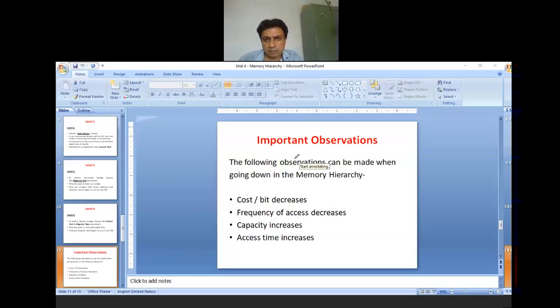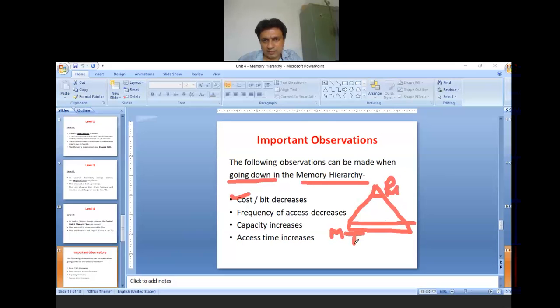There are some important observations. The following observations can be made when going down in the memory hierarchy, means from top to bottom. The cost per bit decreases, as you know that the cost is highest in the case of registers, because as we remember the diagram, it is of the pyramid shape, and here at level 0 registers are there, and at the last, magnetic tape is there, which is at level 4.